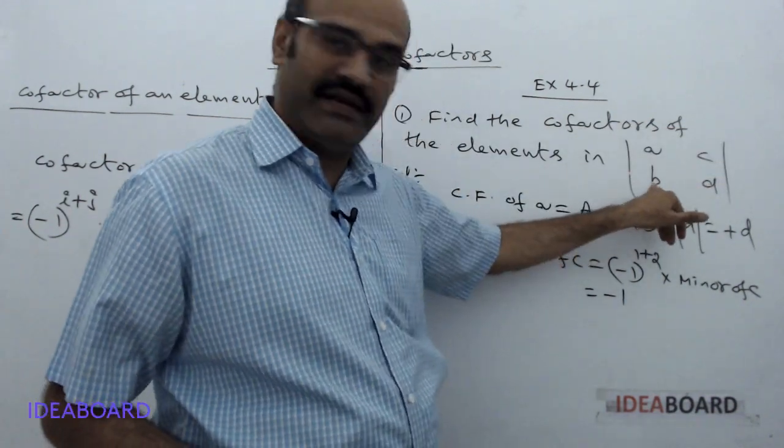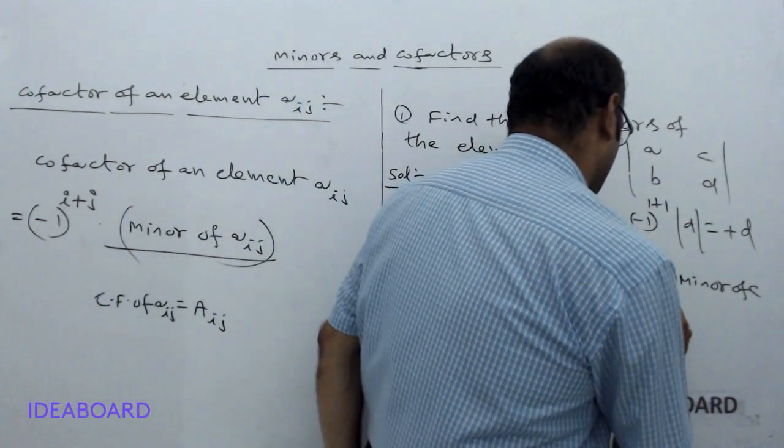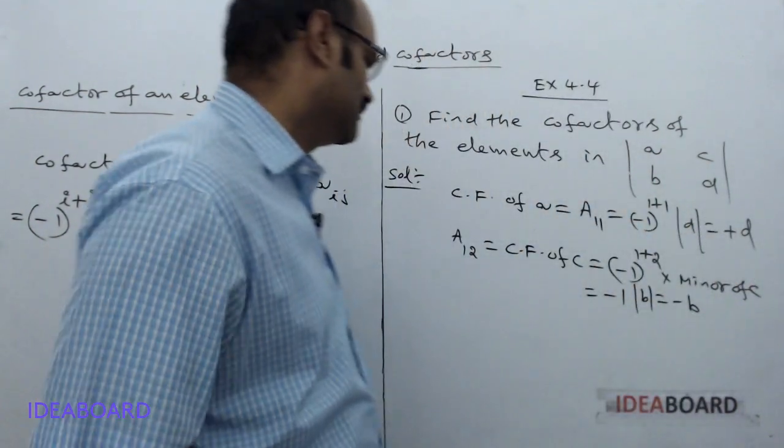We get the element C. So determinant of C equals minus C.